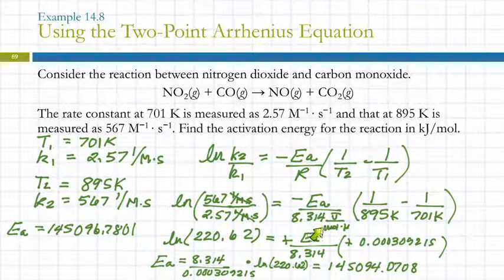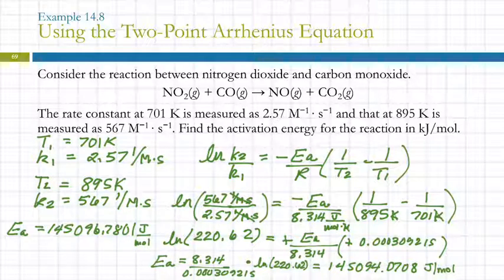Here we have 1 over Kelvin, and here we have 1 over Kelvin. So those kelvins are going to cancel out. And so we've got joules per mole here. That's going to be the unit on EA. So this guy right here is joules per mole. And that's the same for this one over here.